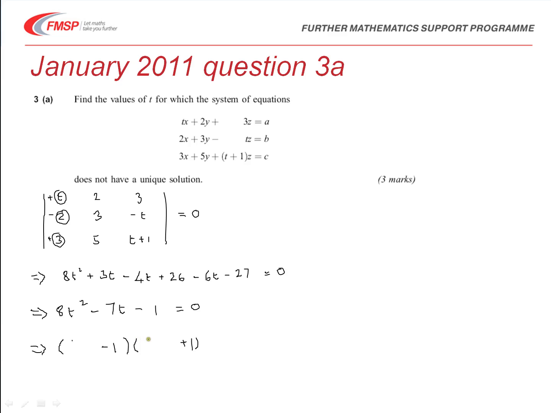It's going to be the 8t in here to give us enough to give us the minus 7t, and the t will go in here. So that's factorising by inspection, and that gives us two possible values of t. Either t is 1 or t is negative 1/8.